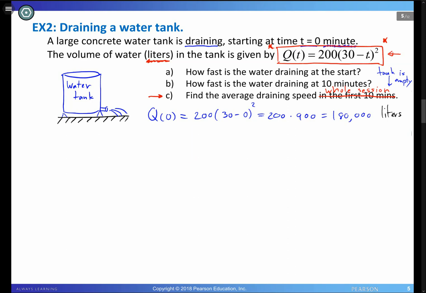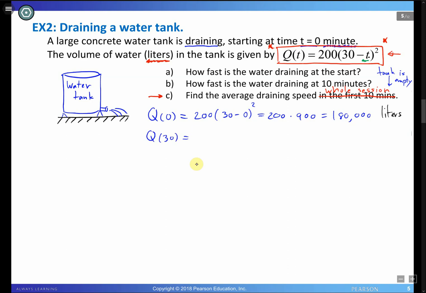Now, if I ask you how long does it take for the tank to be empty, let's find out. Let's take a look at this Q of t right here. We want this to be 0, an empty tank. What if we set t to be 30, so that the inside of this parenthesis becomes 0? Let's check the amount of water at half an hour, 30 minutes.